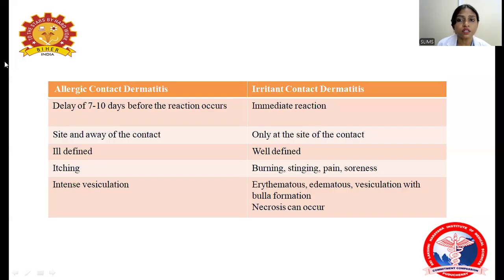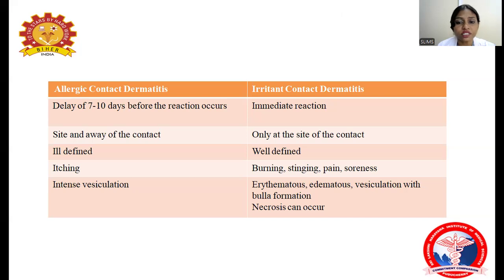Now let us see the differences between allergic contact dermatitis and irritant contact dermatitis. Allergic contact dermatitis takes about 7 to 10 days for the reaction to occur, whereas irritant contact dermatitis occurs immediately following the contact. Allergic contact dermatitis can occur at the site as well as away from the site of the contact, whereas irritant contact dermatitis occurs only at the site of the contact.